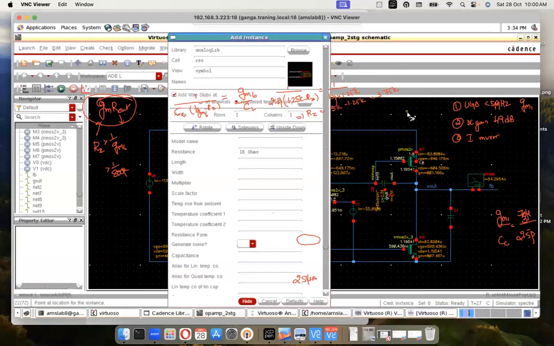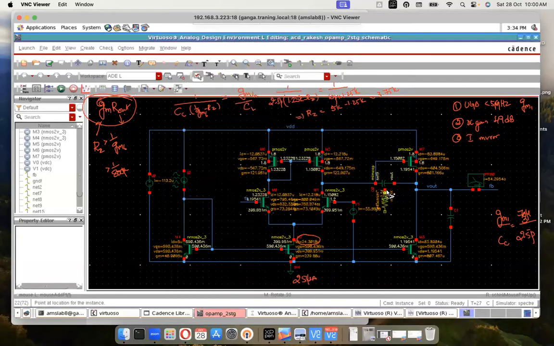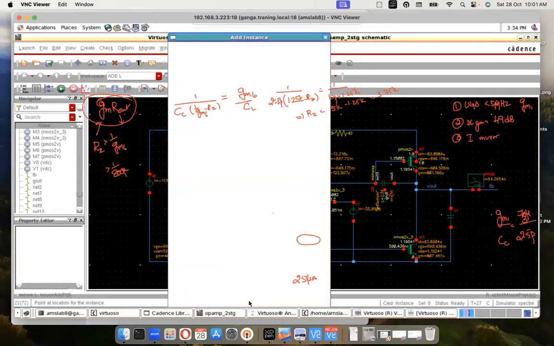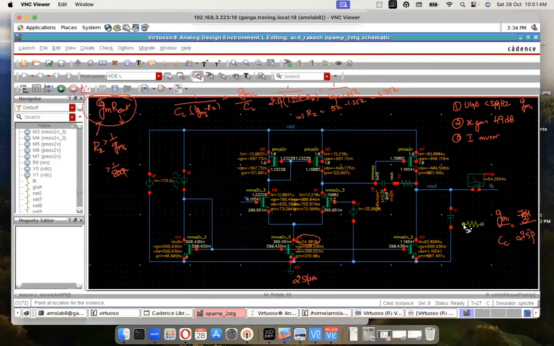For the time being, I'll put an ideal resistance of 3.75 K. So we have put a 3.75 K ideal resistor. Run it.